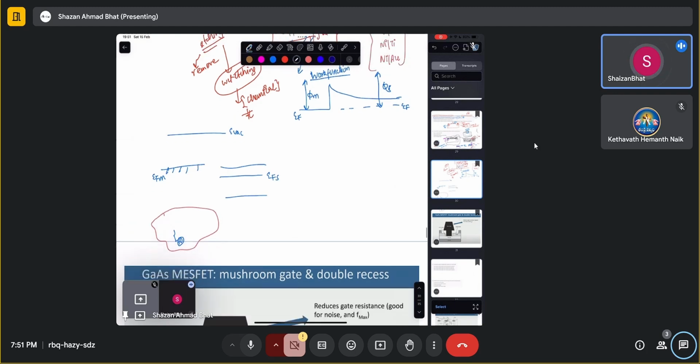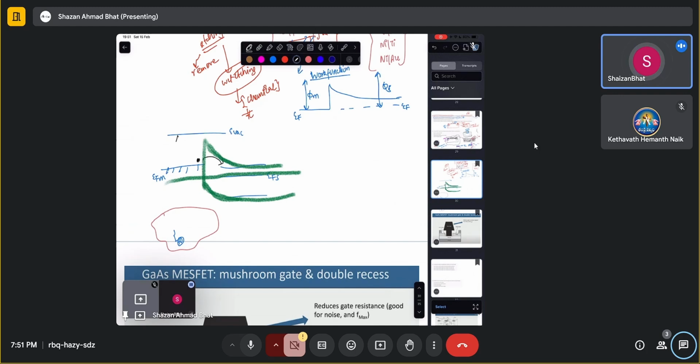Then after you join, the electrons from the higher Fermi level will go towards the lower Fermi level. As a result, it will increase the potential here. That's why this band bending comes up, and it will become like this. Now electrons can no longer go in, and in equilibrium you have a flat Fermi level.